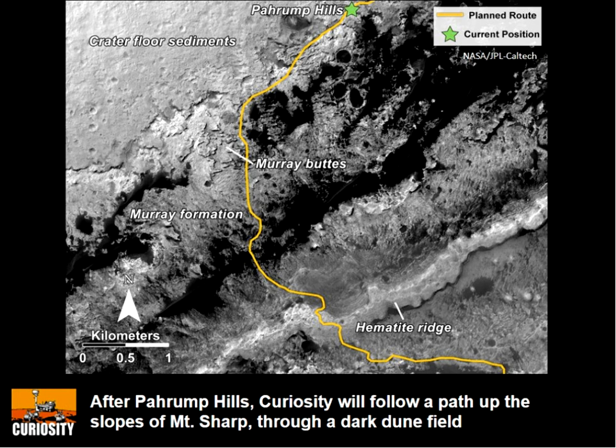We're going to cross through some little mountains called the Murray Buttes. And then we want to cross this thing called the Hematite Ridge. Hematite is an iron mineral that's all over this ridge. We don't really know why there's all this iron in this ridge, but we want to go figure that out. Then we'll keep following the yellow path, and we'll climb higher and higher through the clays and through the sulfates that we talked about at the very beginning.